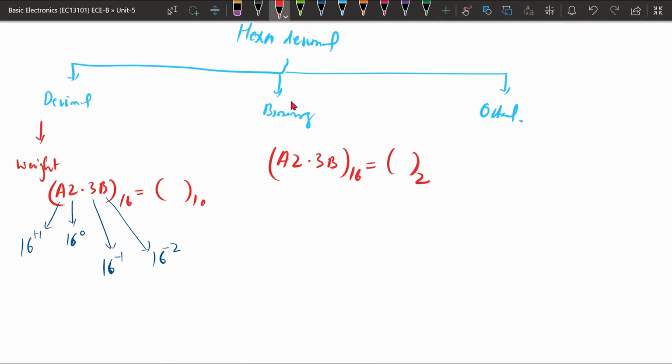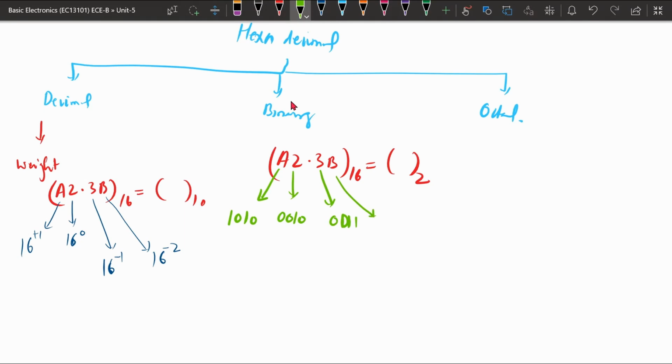So we will write its equivalent binary in 4 binary digits. A, that is 10, will be 1010 in 4 bits. 2 in 4 bits is 0010. 3 in 4 bits is 0011.